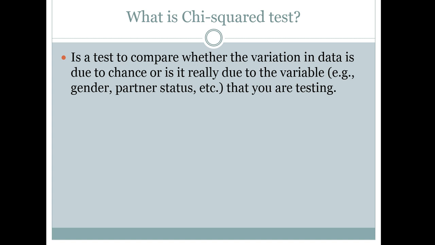So you have two categorical variables and you are trying to determine whether the difference between the two arms, your placebo versus your experimental drug arm, is due to chance, or is it due to the variable of your interest that's also categorical, such as gender, whether it's because of either a male or a female gender that you are interested in testing.